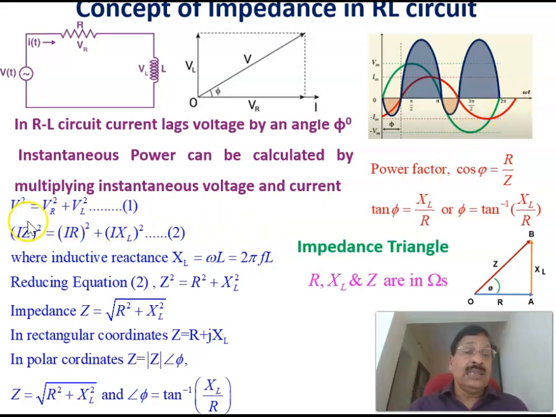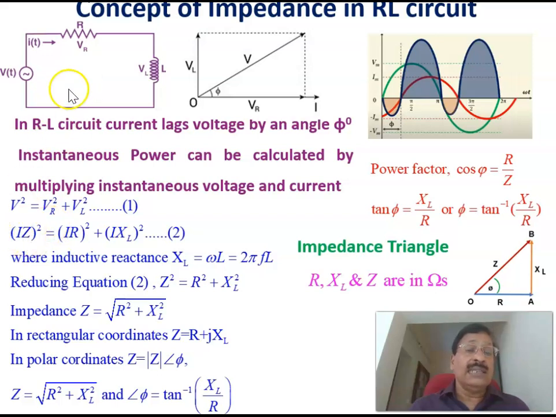And we have seen the net voltage, V square equals VR square plus VL square. Substituting here, V is equal to the current into Z. Capital Z is the impedance, that is, looking from here, the resistance offered.